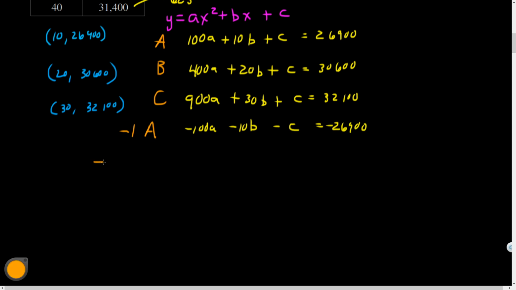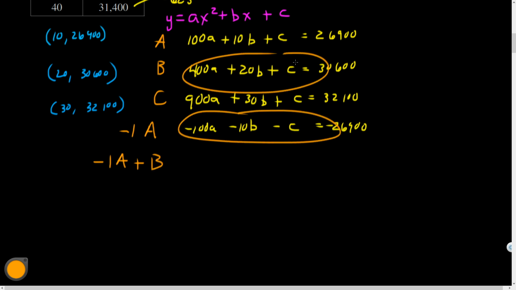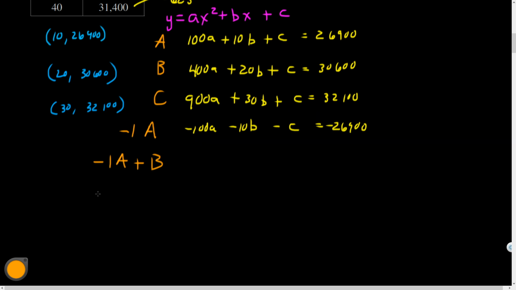And so negative 1a plus b will eliminate, so this and this will eliminate. And negative 1a plus c will eliminate these c's. And so when I do that, I got 300a plus 10b.